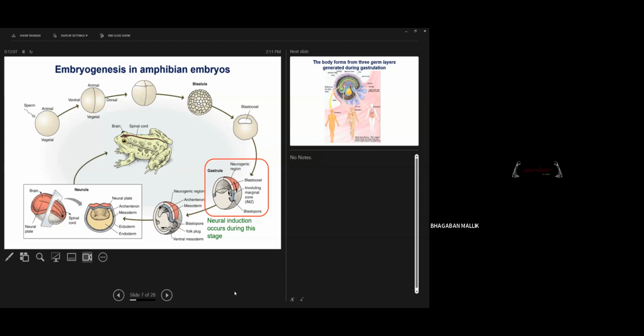For neural induction, there are several hypotheses. Some people believe that neural induction happens because the mesoderm gives a signal to the ectoderm to initiate neural tissue. We'll come to those hypotheses in the coming slides. Just remember that neural induction, the initiation or specification of the neural tissue, starts in the gastrulation stage. This is something important to remember.